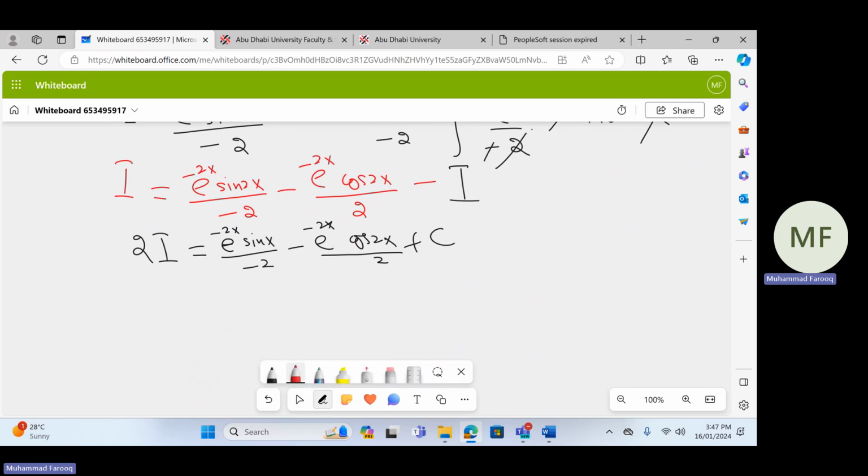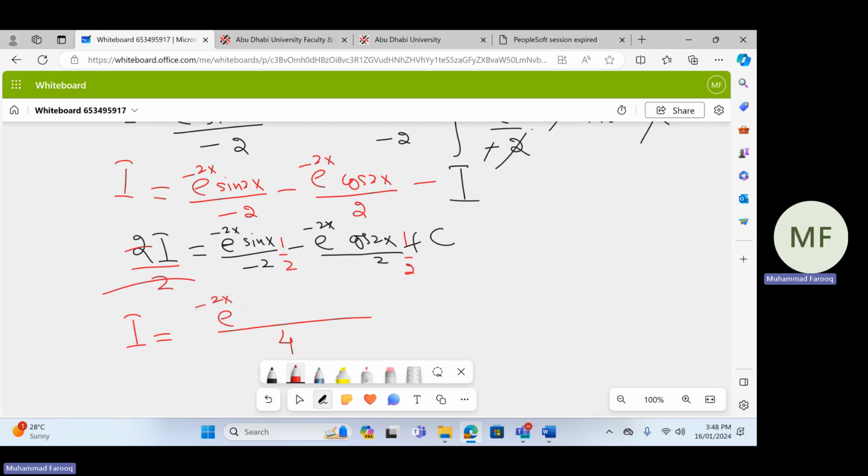So I is equal, both have 4: 2 times 2, 4.